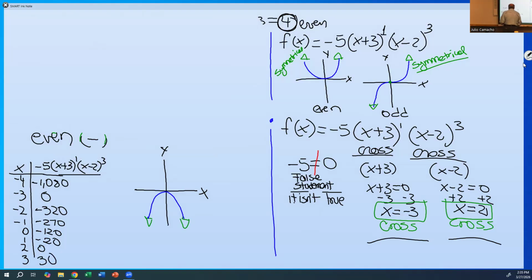So that is most of the points that we have right now. So we can draw that is my x and that is my y. And I'll put some ticks only where we need.